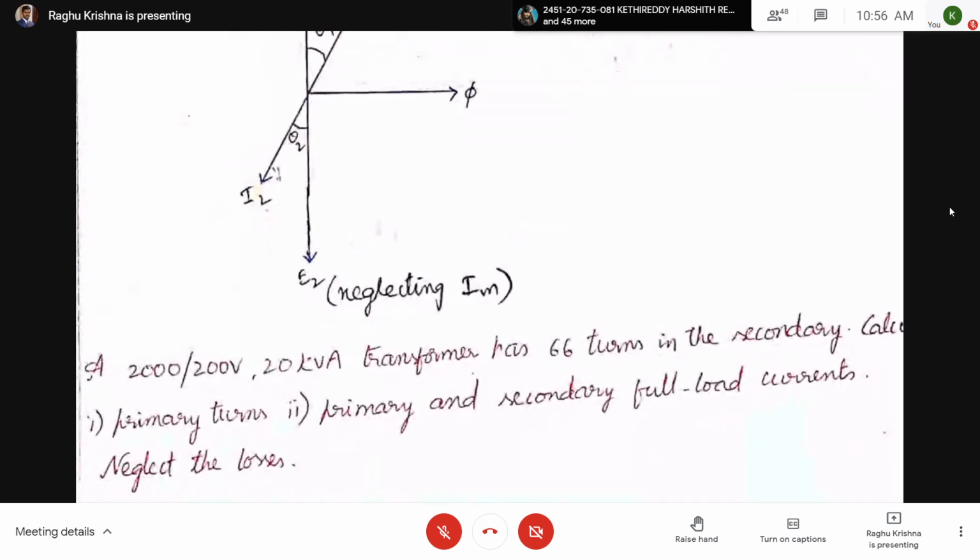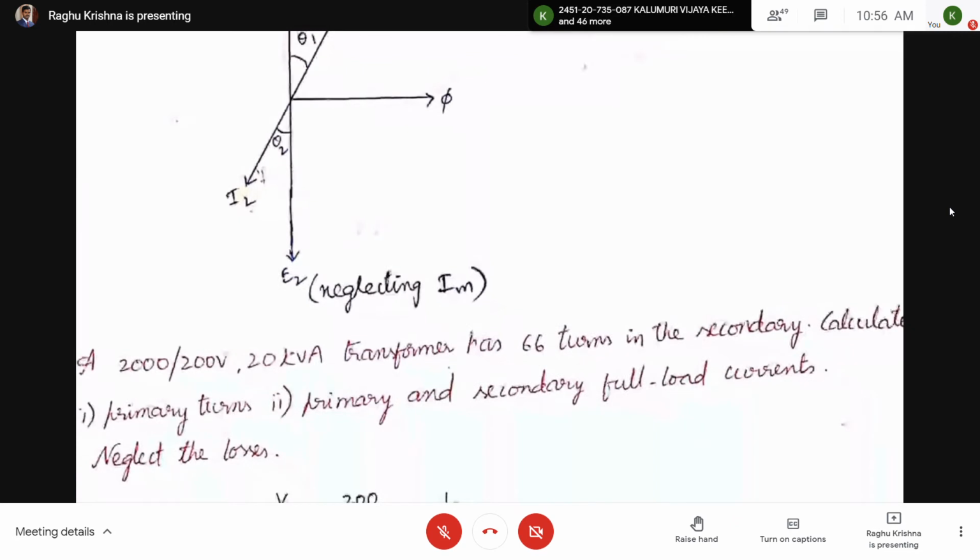So first, a 2000 by 200 volts, 20 kVA transformer has 66 turns in the secondary. What is the value of N2? What about V1? What is V1? 2000. What is V2? 200 volts.